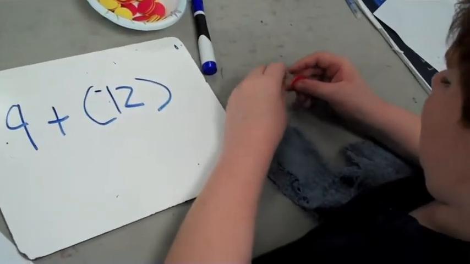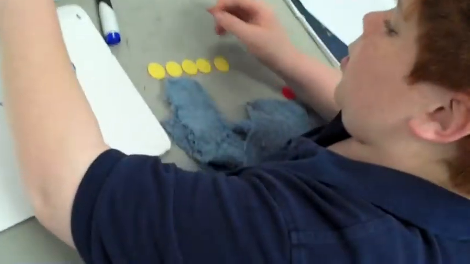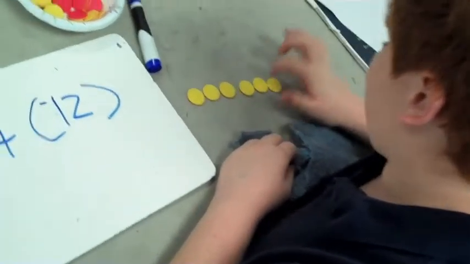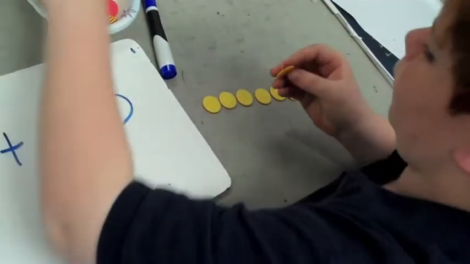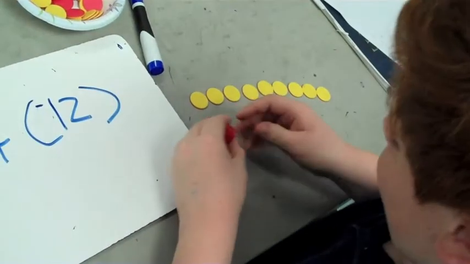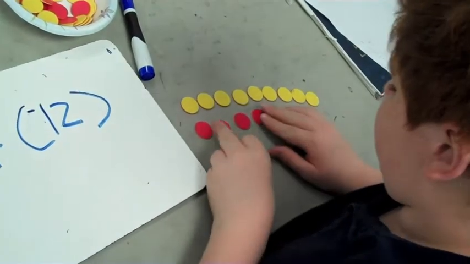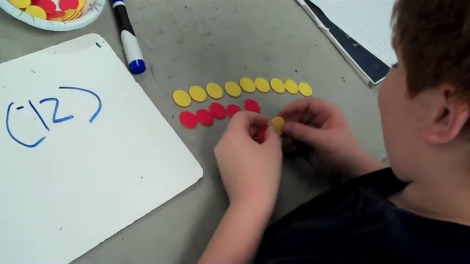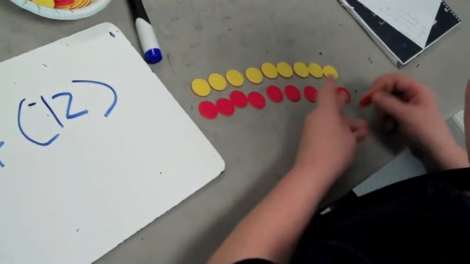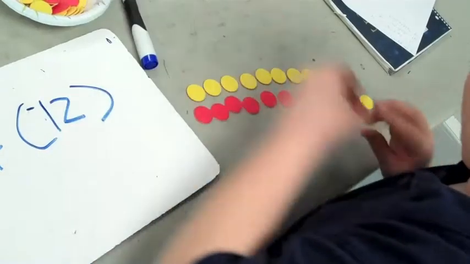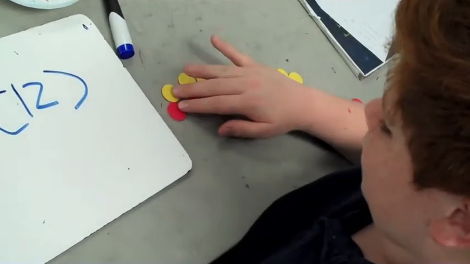I'm going to count out 9 yellows, and then we have to have 12 reds here. 6, 7, 8, 12. Okay, so you can cancel the ones out.